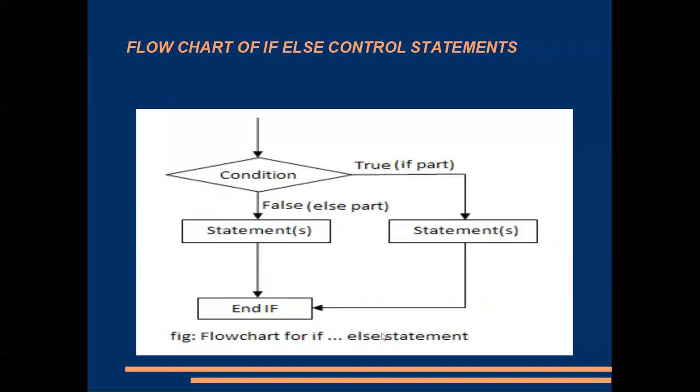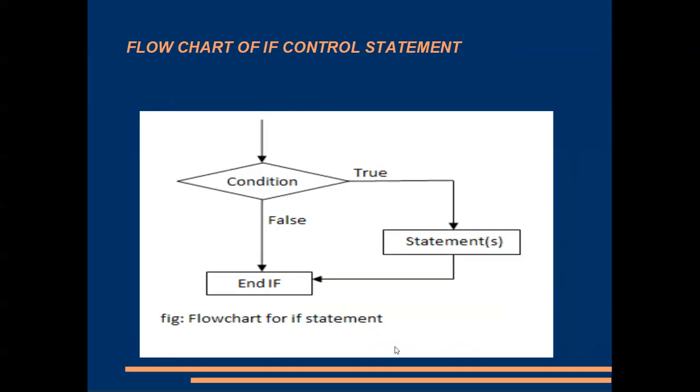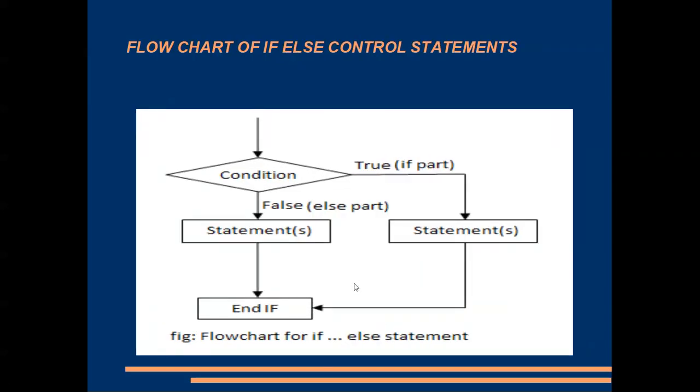Here we have a flowchart of if else. In the previous slide, you have seen the if statement. Here we are going to see the if else statement flowchart. There is not much difference. In the else part you have a statement, and also in the if part.